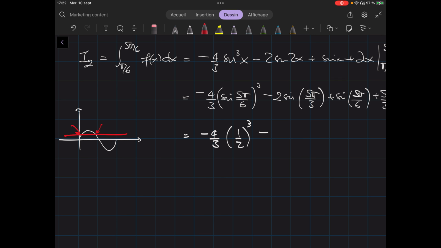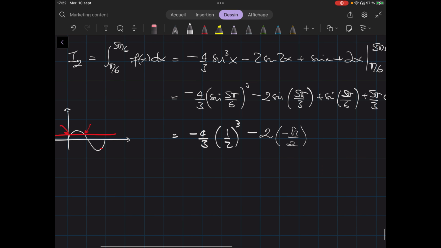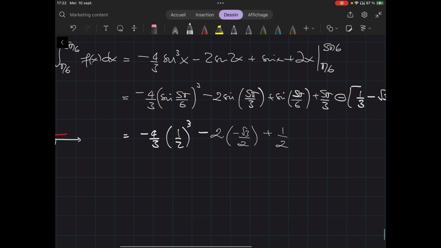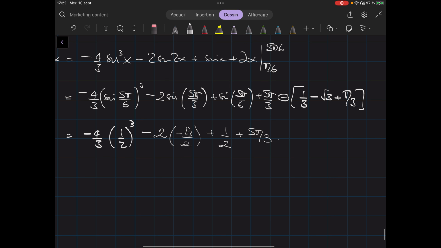Now this is tricky. 5 pi by 3 is somewhere over here. So this is going to be negative root 3 by 2. Same thing. I'm going to distribute the minus sign.